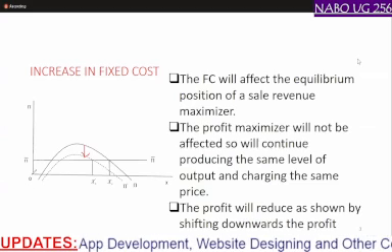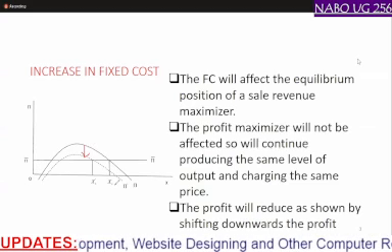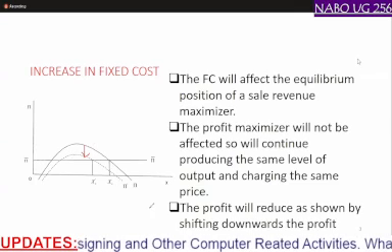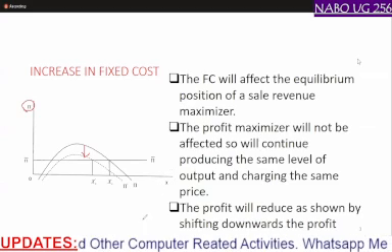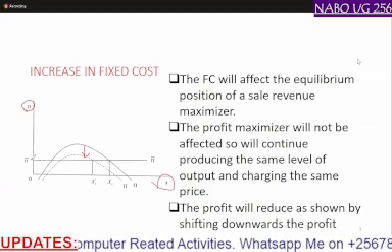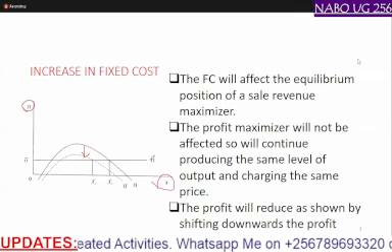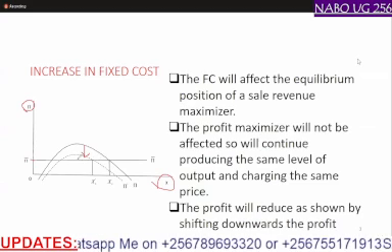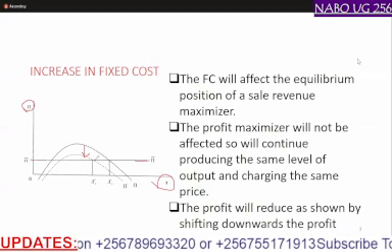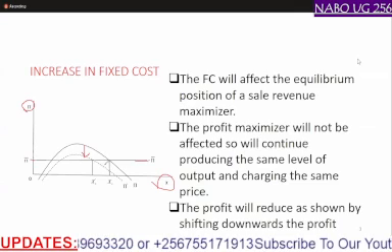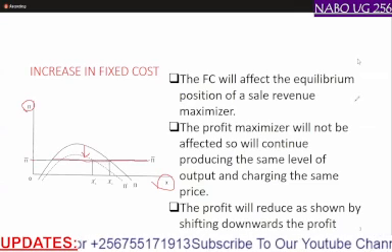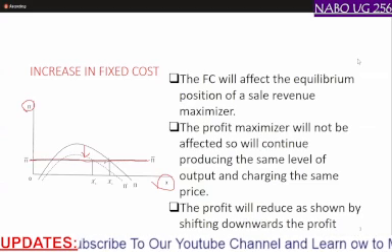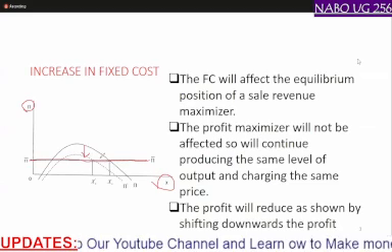So this is our profit curve. Here there is profit, and here there is output, which I call X. If this is the minimum profit that was set, what we observe is that when there is a fixed cost, the profit curve lowers, profit reduces.